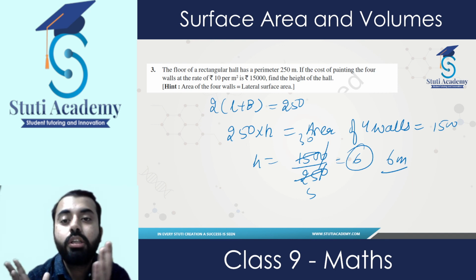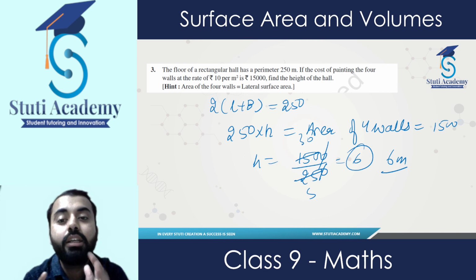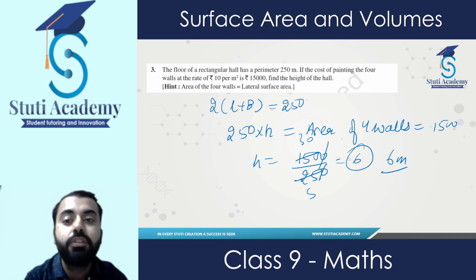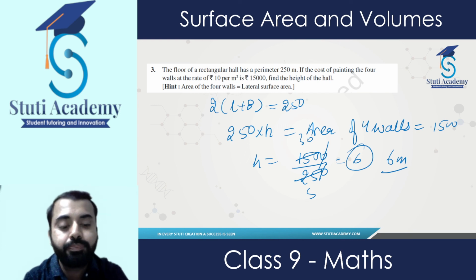We knew that the perimeter of the base multiplied by the height gives the lateral surface area. So with the area 1,500 and the perimeter known, I got my height, which was 6 meters.